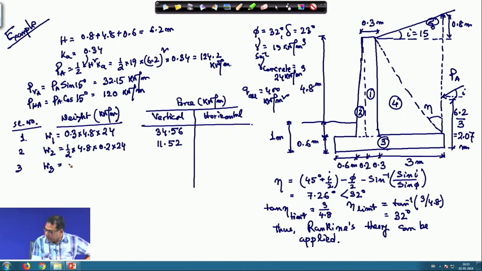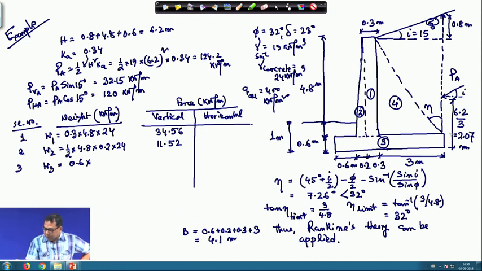Then the third component, the third part, is this rectangular part of this wall. So, this will be 0.6, this is the height, and the total length of this portion is 0.6 plus 0.2 plus 0.3 plus 3. So, this is the B value, and B value is equal to 4.1 meter.